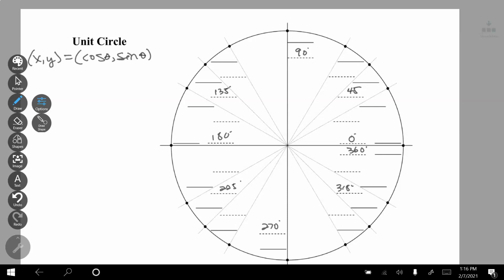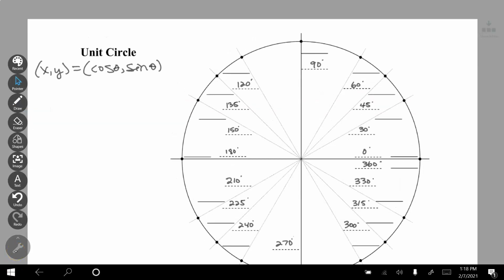That's by 45s, and I could do by 30s: 30 degrees, 60 degrees, 90 degrees, 120 degrees, 150 degrees, 180, 210, 240, 270, 300, 330 degrees, and 360 degrees. So those are the angles in degrees.